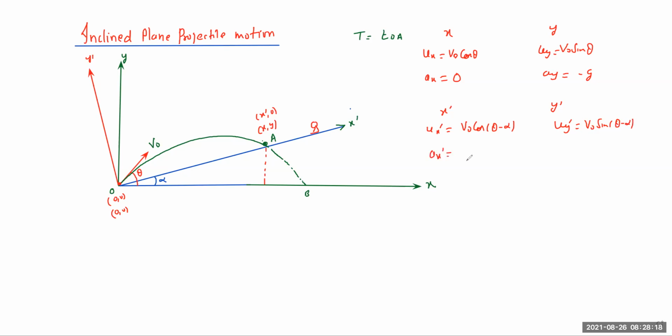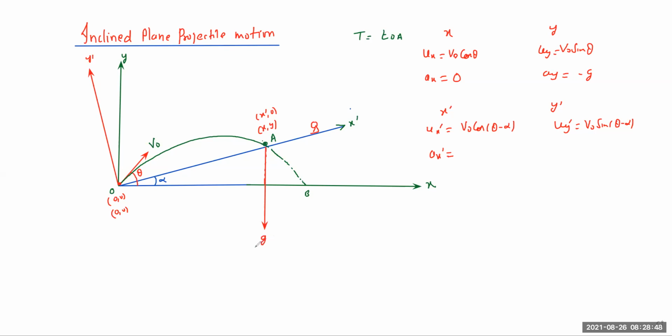What is ax dash? 0? You are saying that there is no component of acceleration along the x dash direction. But if you look carefully, the g always acts downward, right? So now we can show it here. This is how the g acts, right?